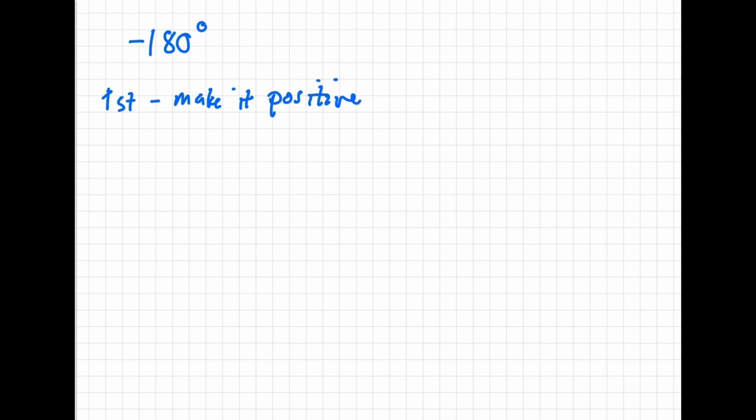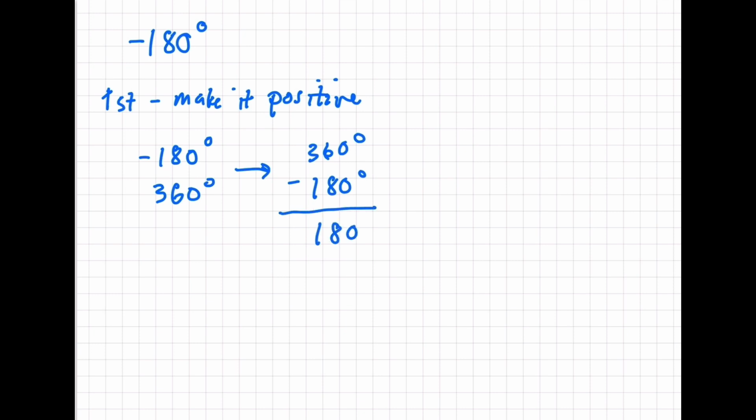You guessed right. Only one 360 degrees. So if you add negative 180 degrees to 360 degrees, that is short of saying that you are subtracting 180 degrees from 360 degrees. And the resulting angle is 180 degrees.